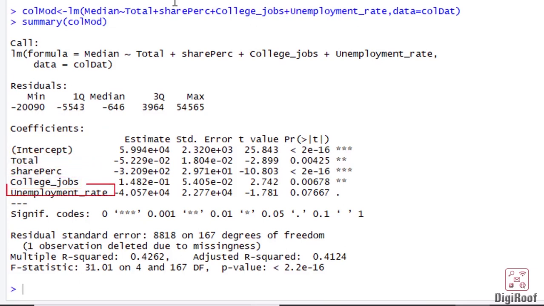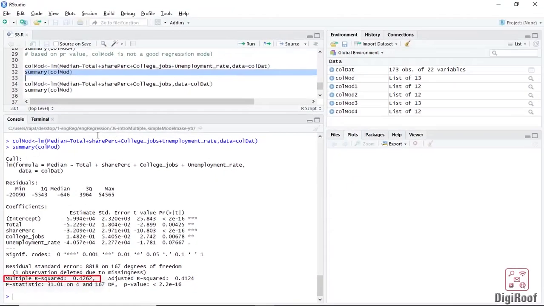The 4th variable, unemployment rate, is still insignificant, with the probability value of slope being 0.076 or 7.6%. The value of R square is 0.4264 or 42.64%, which means that the combined model reduced the total error in the response variable by almost 42%.